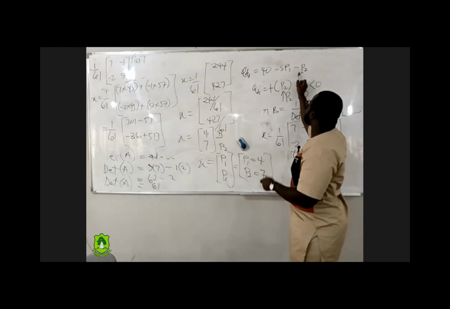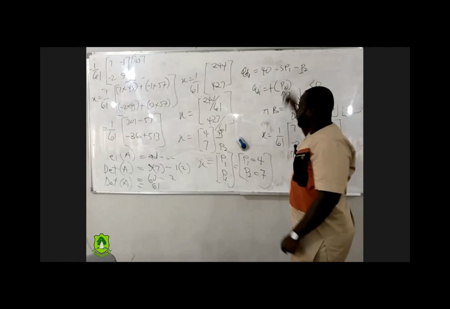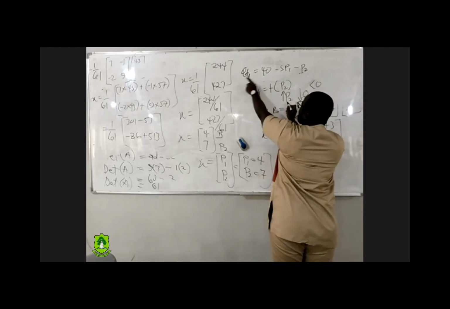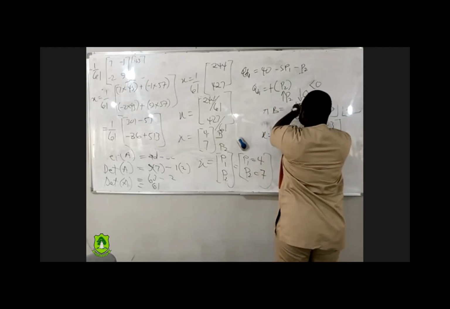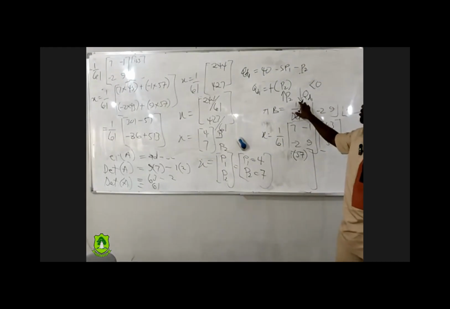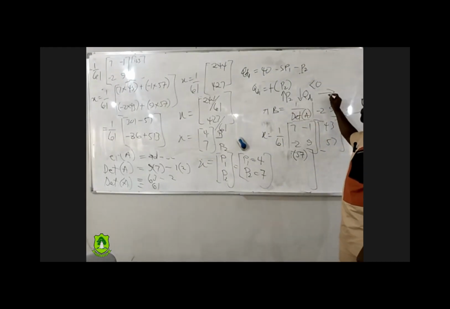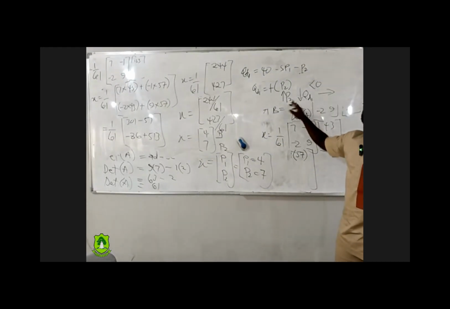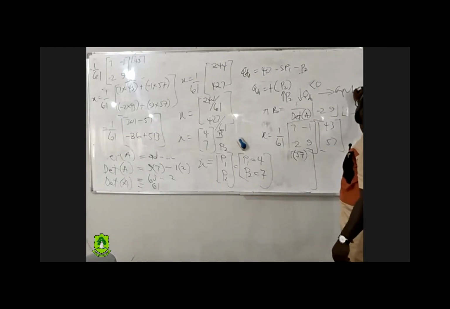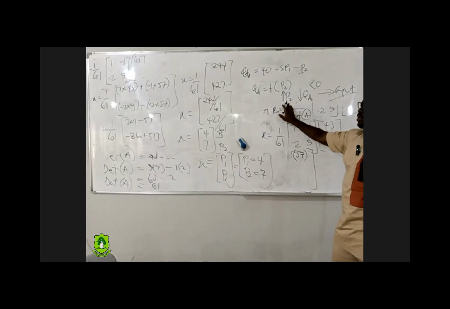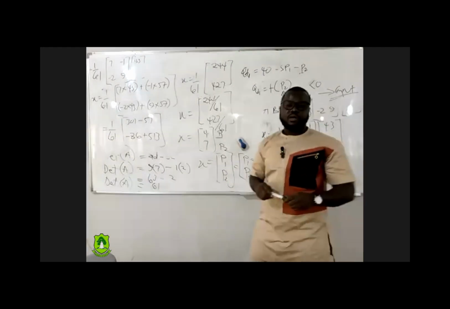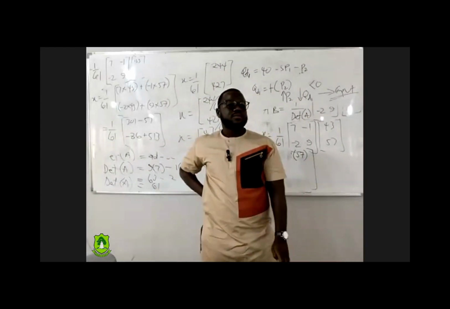But in this particular case, the coefficient is negative. It means that an increase in the price of P2 will decrease the demand for the other good. Is it complements or substitutes? Complements, which means good one and good two are complements. Any question?